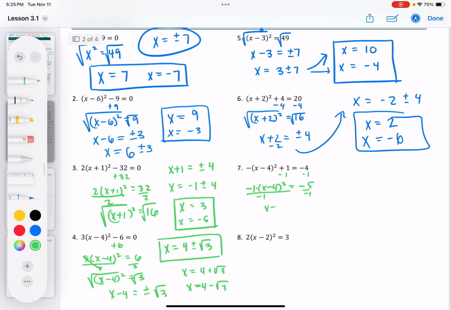We end up with x minus 4 squared equals a +5. At this point, we are safe to square root both sides and get x minus 4 equals positive or negative square root of 5. And then our last step is to add that 4 over. So we get 4 plus or minus square root of 5. Again, that represents two answers because you have 4 plus square root of 5 or 4 minus square root of 5.